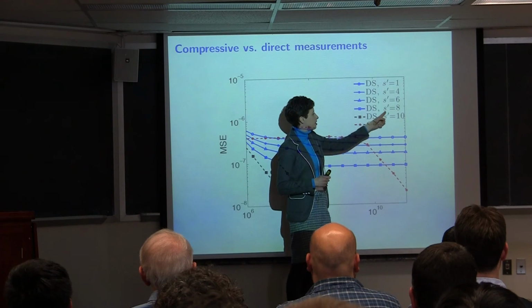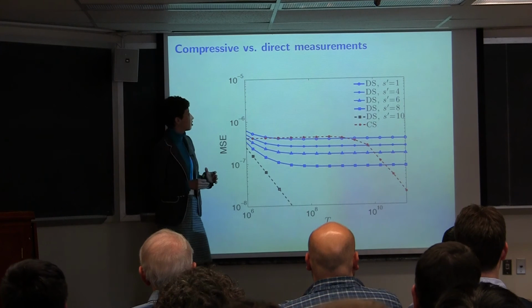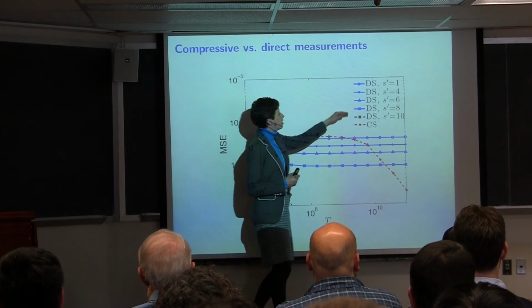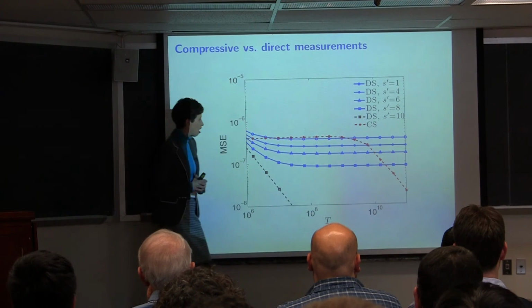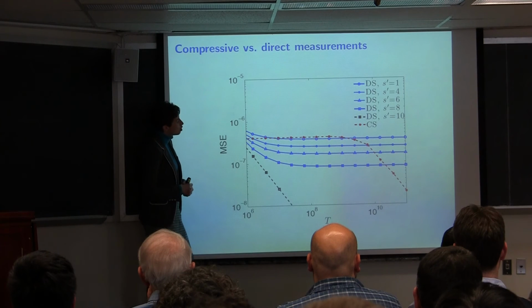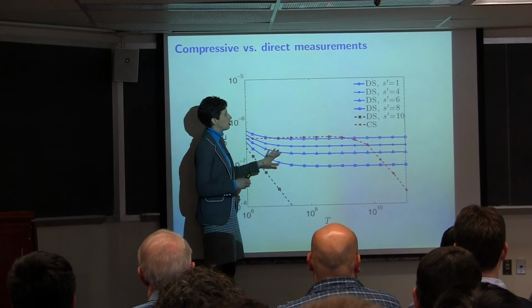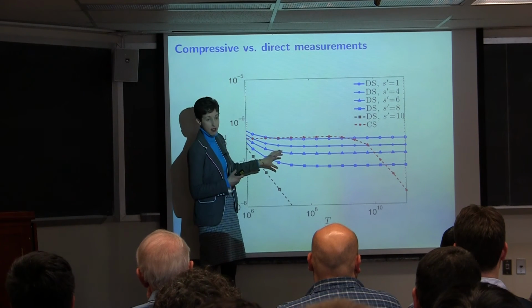In this example, S, the total number of non-zero coefficients, is 10. So when S prime is 8 or 10, it means most of our non-zero coefficients are at coarse scales. And so we see for smaller values of t, there's a huge advantage to just trying to essentially measure those non-zero coefficients directly via this very simple downsampling scheme.